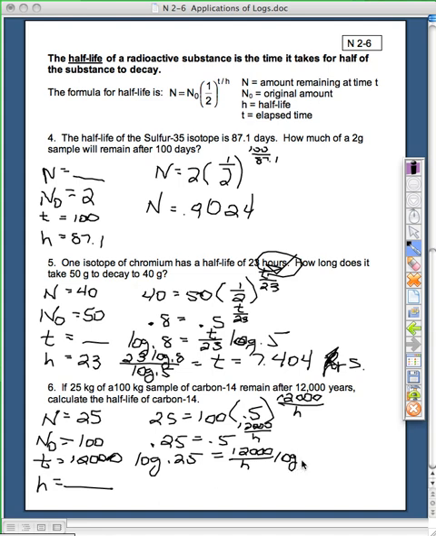Now I need to solve for h. So h is equal to 12,000 times the log of 0.5 over the log of 0.25.